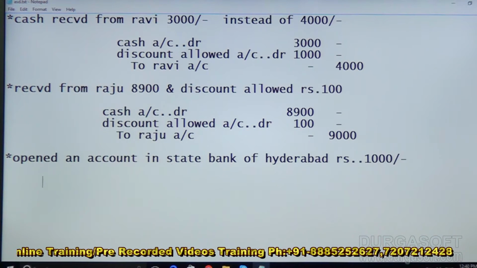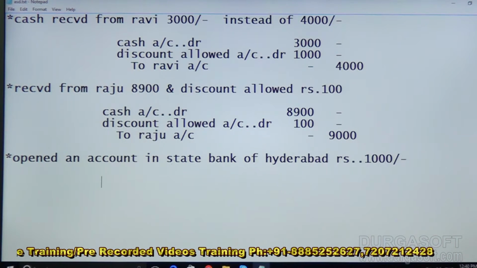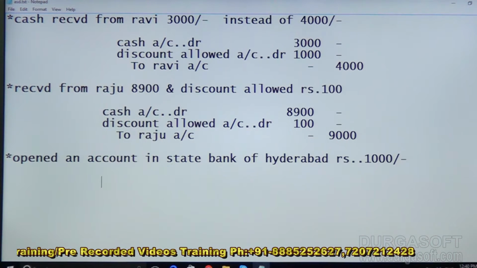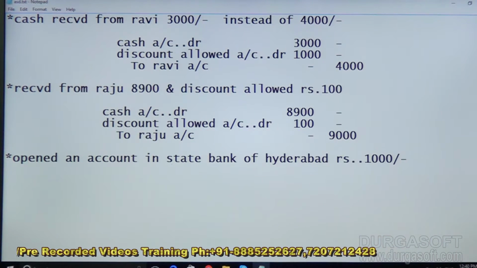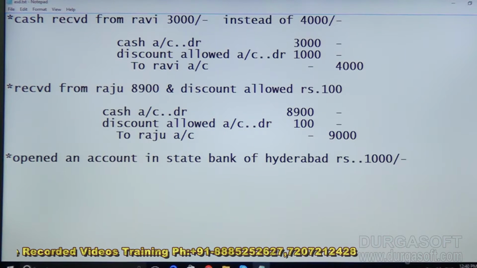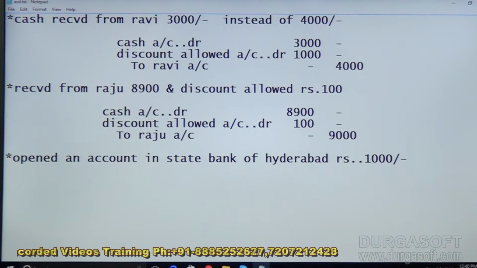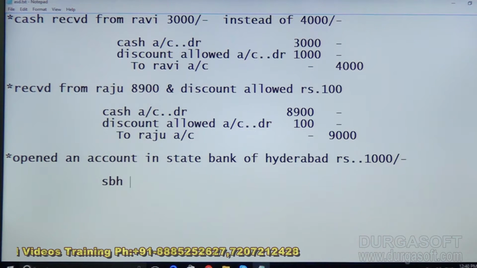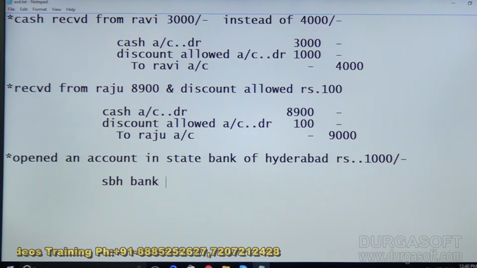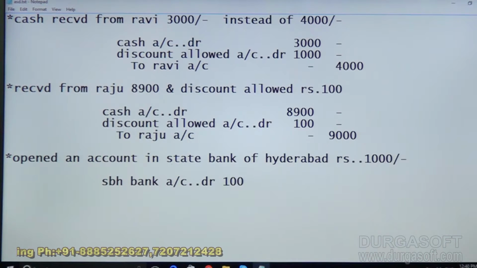At the time we are opening the account, in a present situation you are giving an amount to the bank to open an account. So we need to write here SBH bank account debit, how much? 1000 rupees, to cash account.